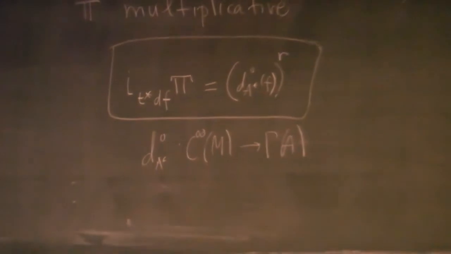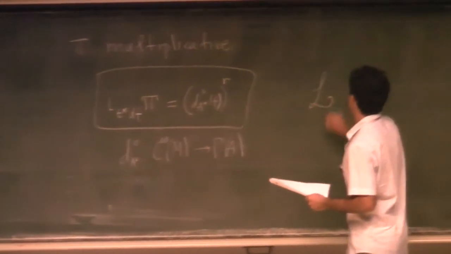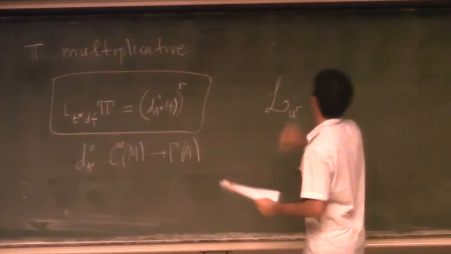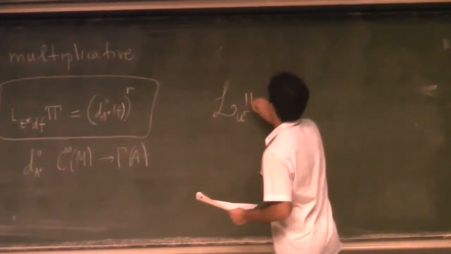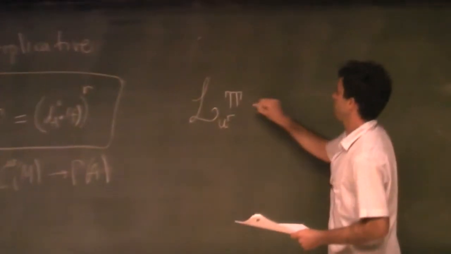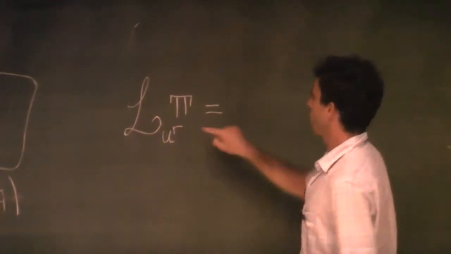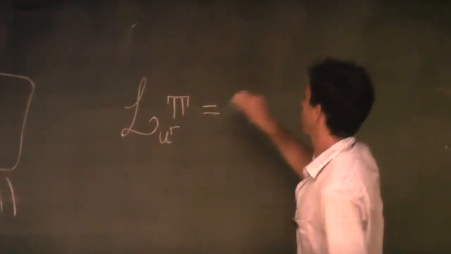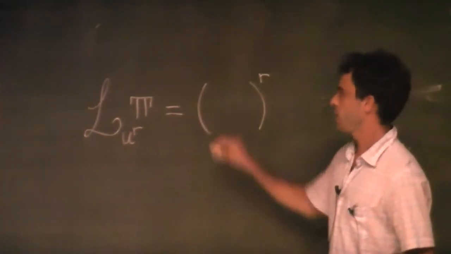And the other property that a multiplicative bivector field has is that if you take its Lie derivative with respect to a right invariant vector field, now the result is a bivector field again. And the multiplicativity now will imply that this new bivector field is right invariant. Okay?